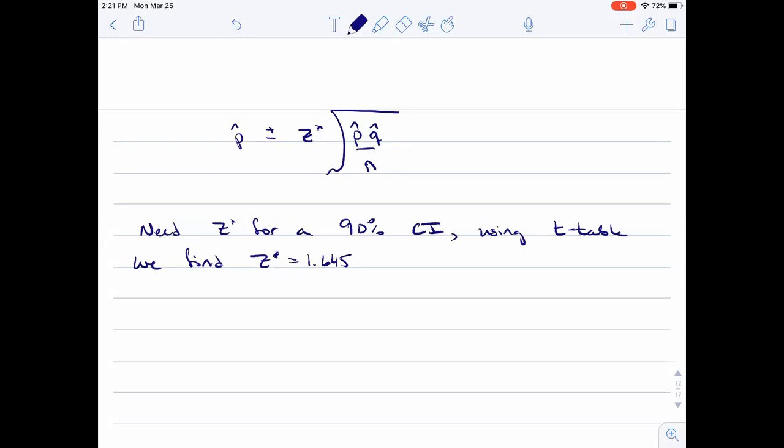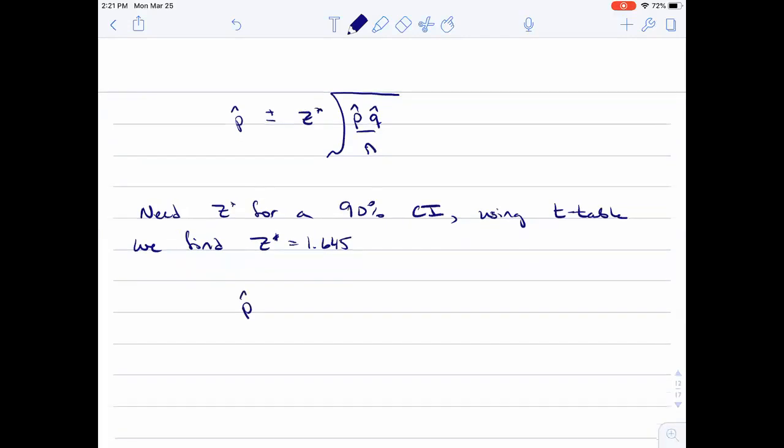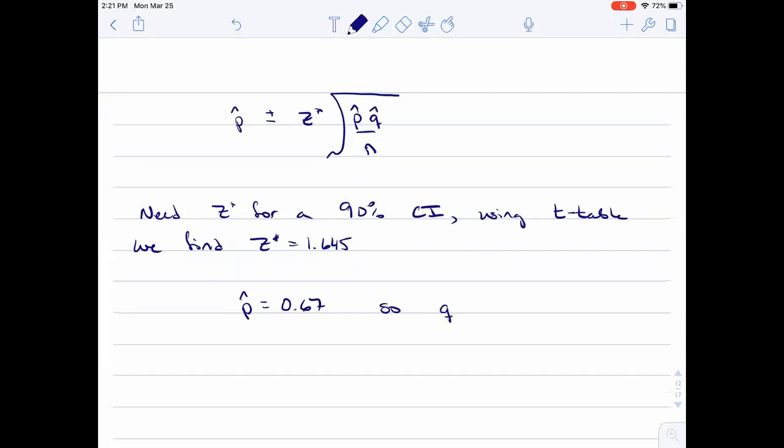So our p hat, remember, was 0.67. So q hat is 1 minus 0.67, which is 0.33.